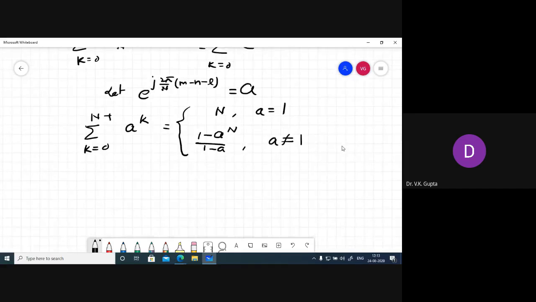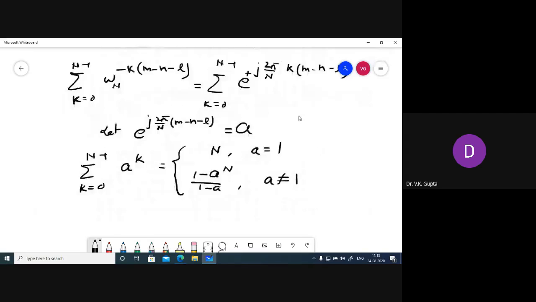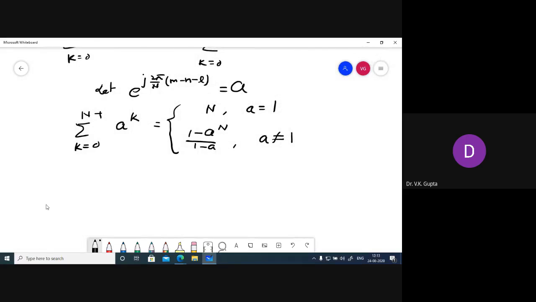Sigma k equal to 0 to N minus 1, W_N to the power k times (m minus n minus l). The summation is this. Now, what is the value of a to the power N?